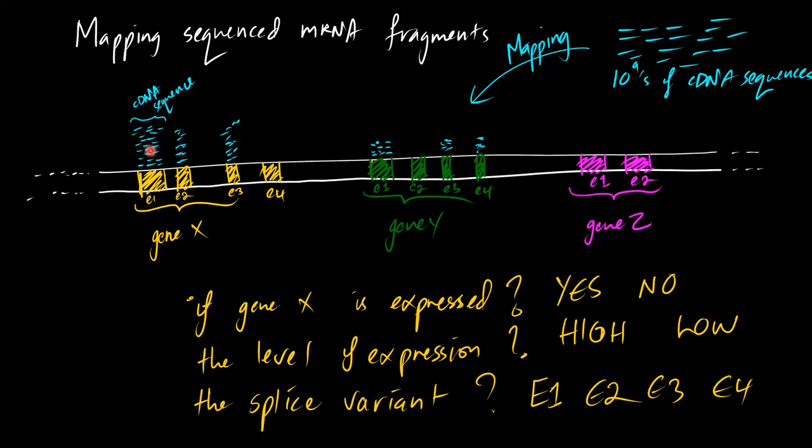the mapping of cDNA sequences to the gene means that gene X was expressed. How did I know?